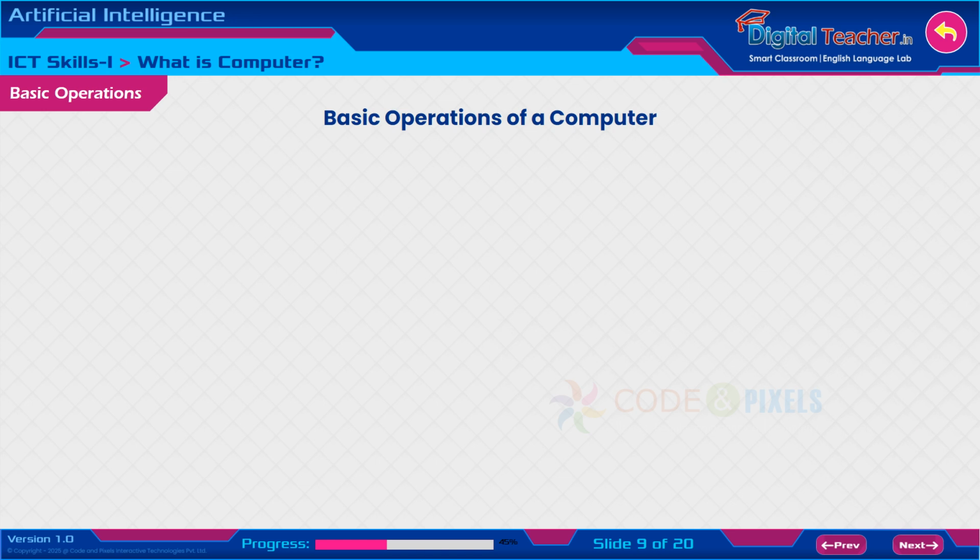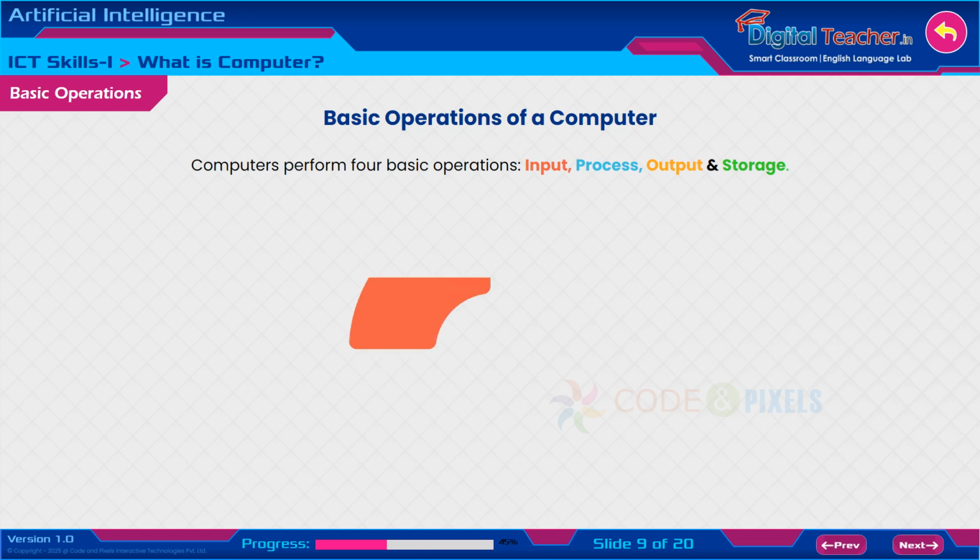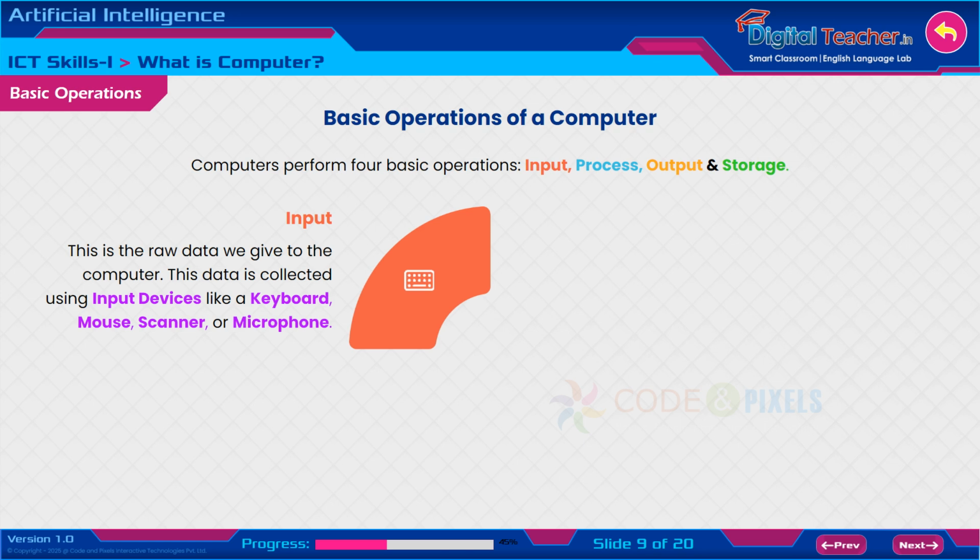Basic operations of a computer. Computers perform 4 basic operations: input, process, output, and storage. Let's look at each of these in detail. Input. This is the raw data we give to the computer.